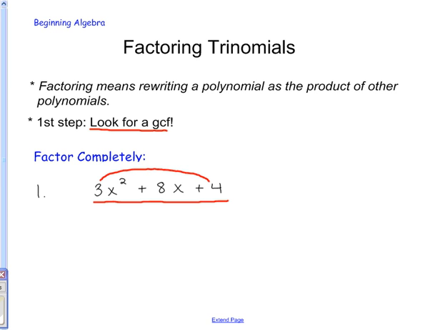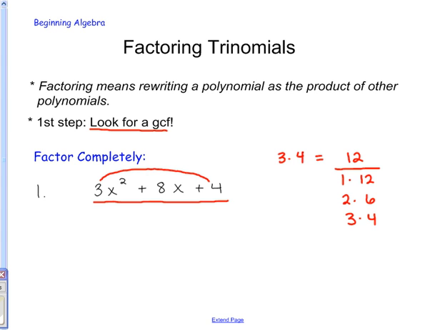So that's going to mean 3 times 4, which is 12. And I want to make a list of all the factors of 12. 1 times 12, 2 times 6, and 3 times 4.